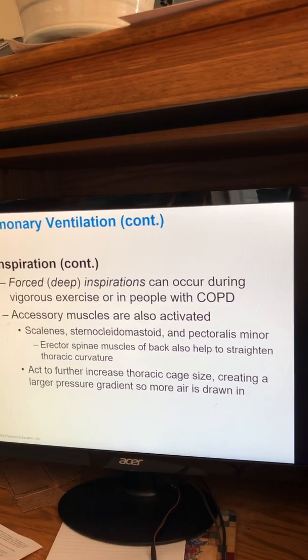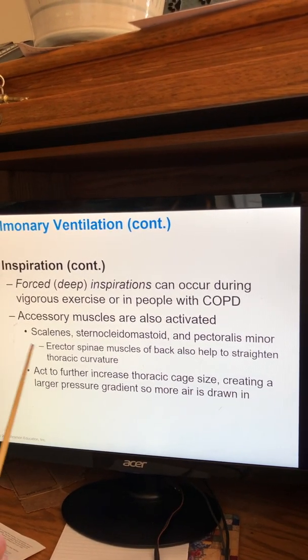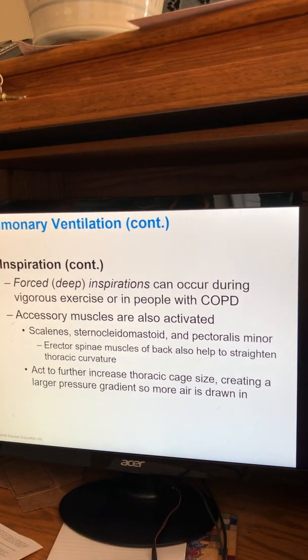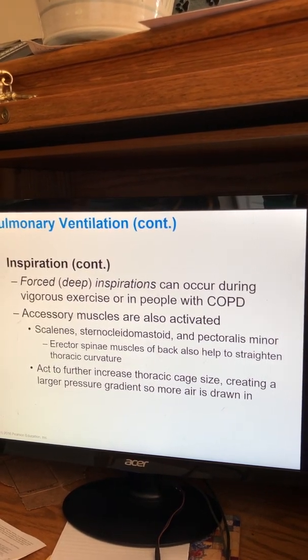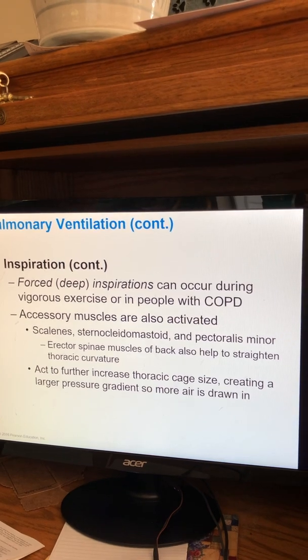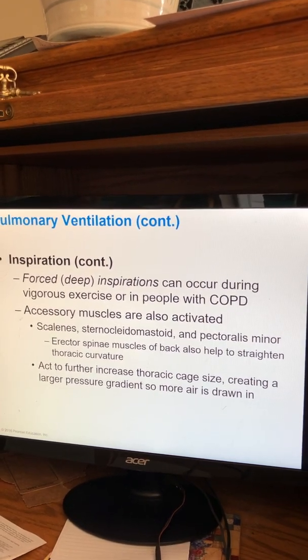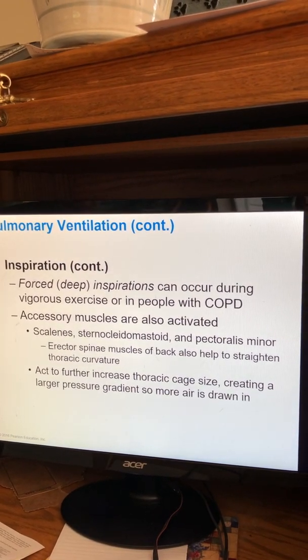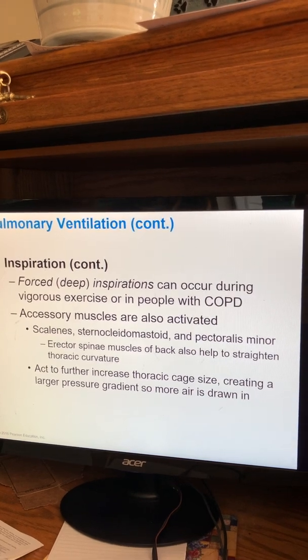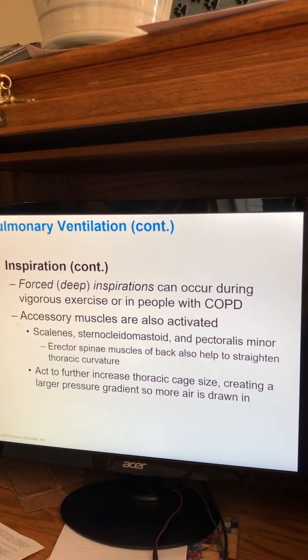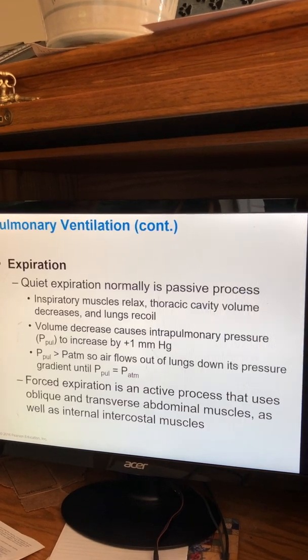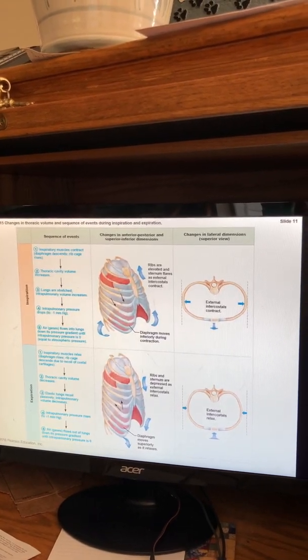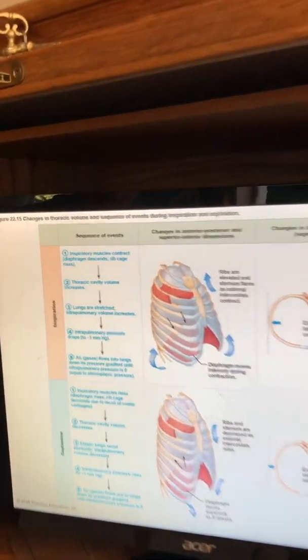For example, if you look at here, it says the scalenes, the sternocleidomastoid and the pectoralis minor, all because they attach to either the rib cage or something attached to the rib cage. The erector spinae muscles also will help to straighten your curvature of your back so that you can get more air in. So this sequence here kind of tells you everything that happens.